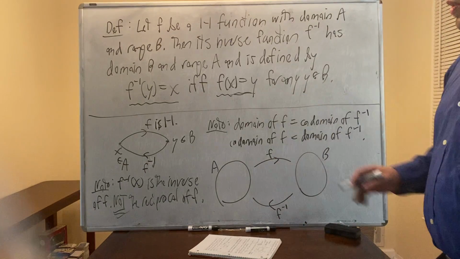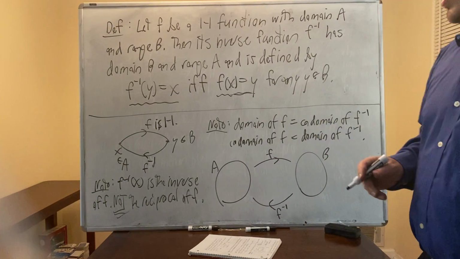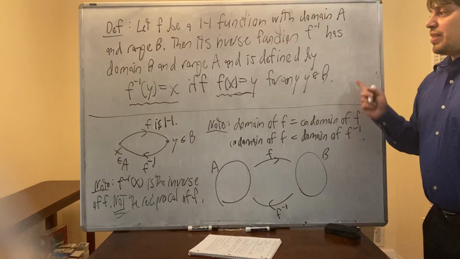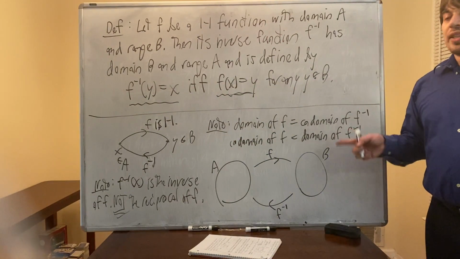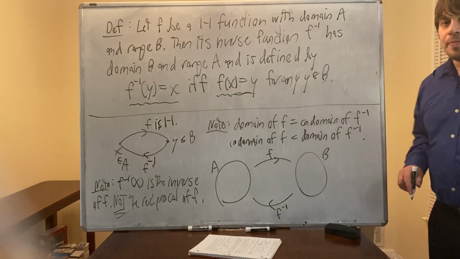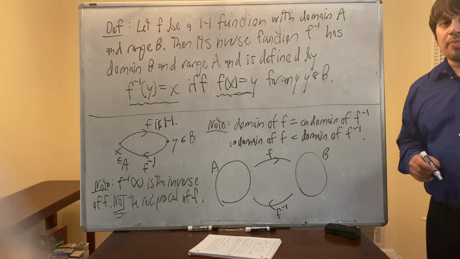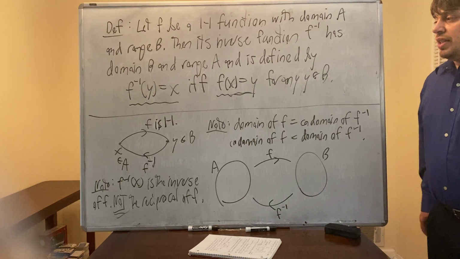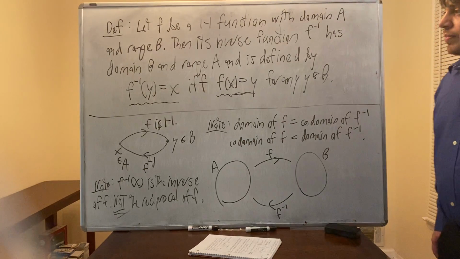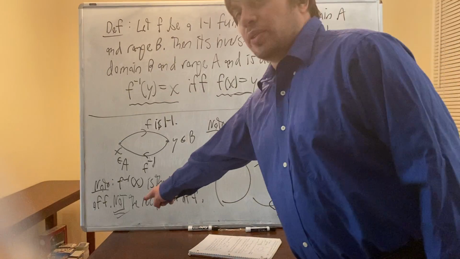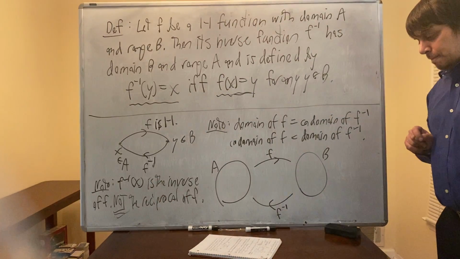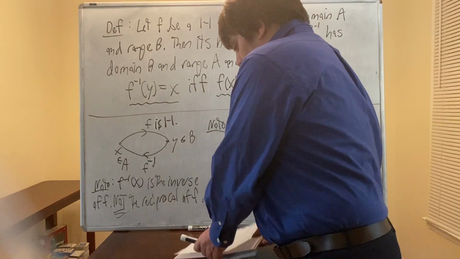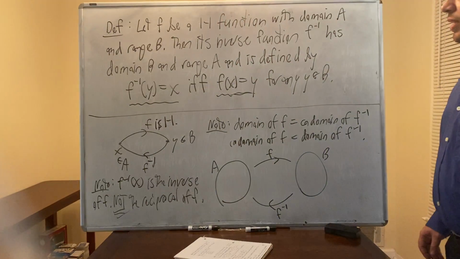F inverse of x is notation for the inverse function of f. It's notation for this function defined by the definition above this line. It's another function with this particular property, with this special relationship with the function f. It's not the reciprocal of f. Okay, so that note is important to know. Okay, so let's continue.